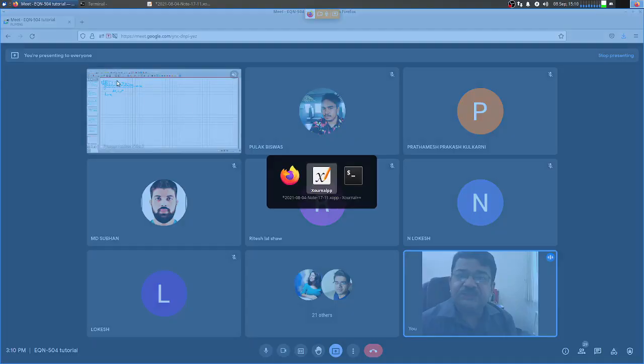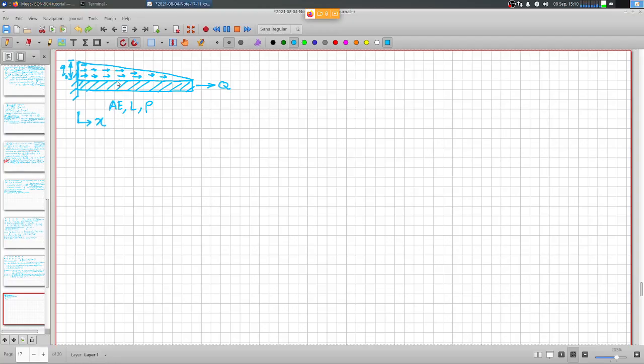So let us first try to write the differential equation, considering the free body diagram.